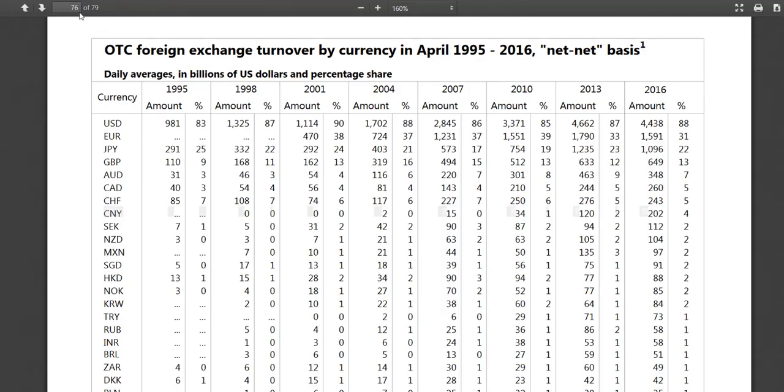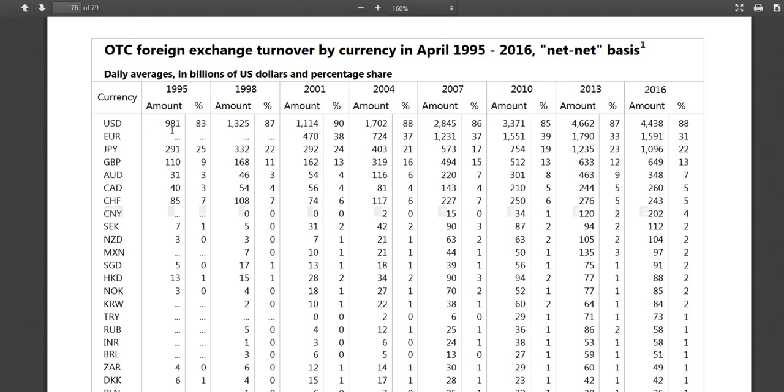On page 76 of the PDF file, or 72 of the printed report, we have the over-the-counter foreign exchange turnover by currency, from April 1995 to 2016, the daily averages.